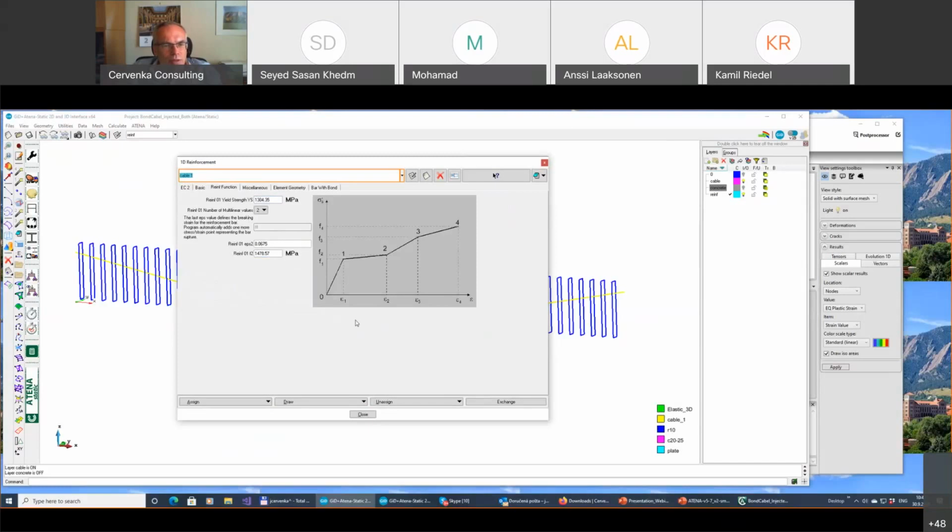Here you can see also how this is defined in ATENA. You can define as many points of this stress strain diagram for reinforcement. In this situation, we are using only 2 points. That means 1 and 2. After this 2, it is assumed that the reinforcement breaks. So there will be a drop down to 0.